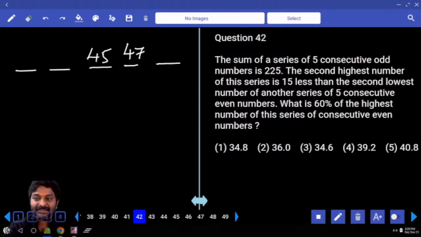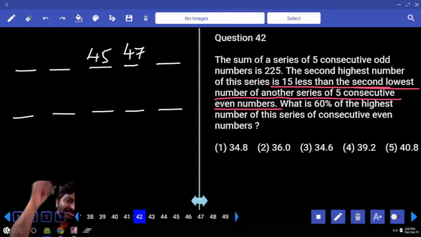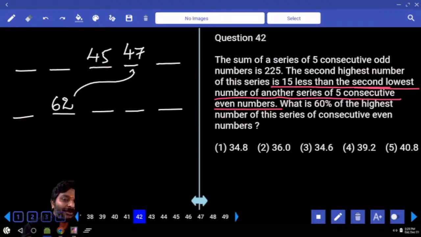That is 15 less than. 47 is 15 less than 62 only. So 62 is second lowest number of another series of 5 consecutive even numbers. So there are 5 more numbers. They are all consecutive even numbers where the least number is 62. Then only 47 will be 15 less than that.